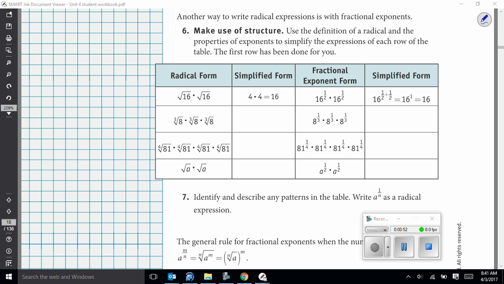In your calculator, I'd like for you to type parentheses, 16, then your exponent, so your caret up, and parentheses 1 divided by 2, close your parentheses. What we're doing is putting 16 to the 1/2 power.